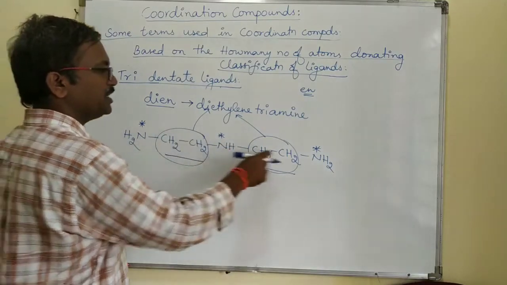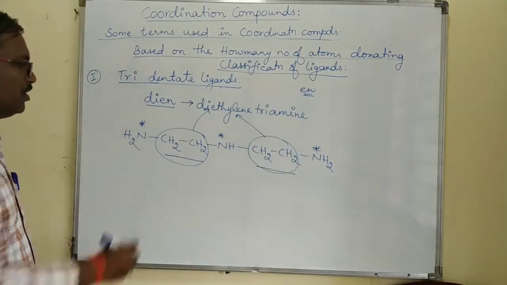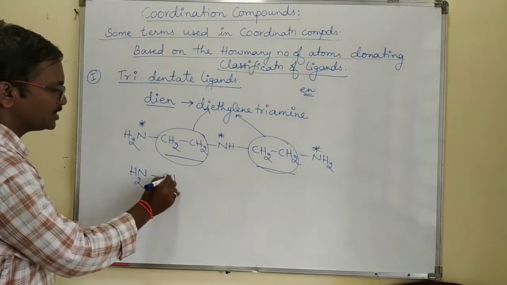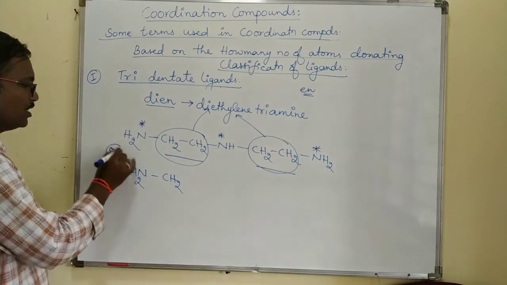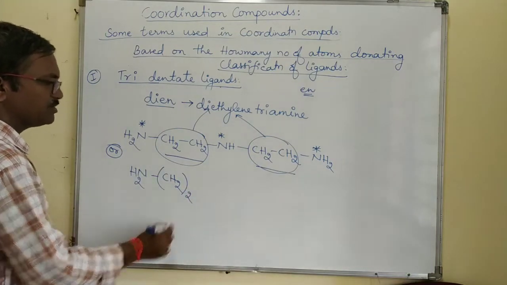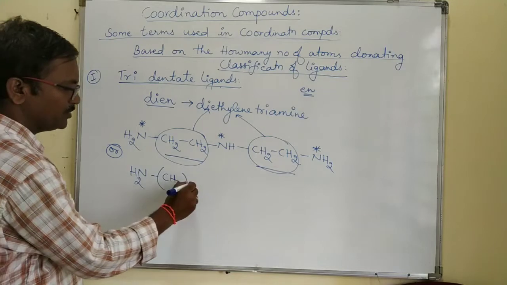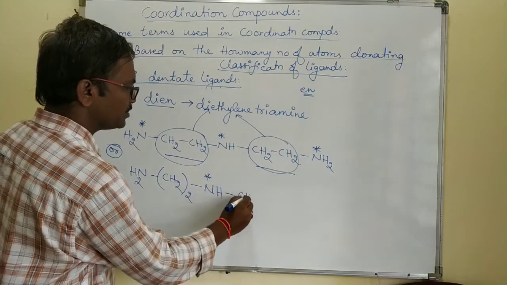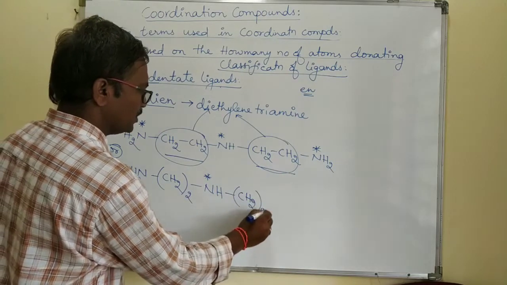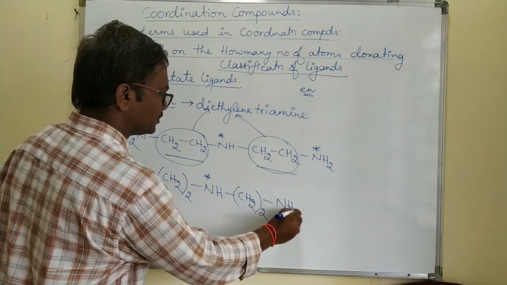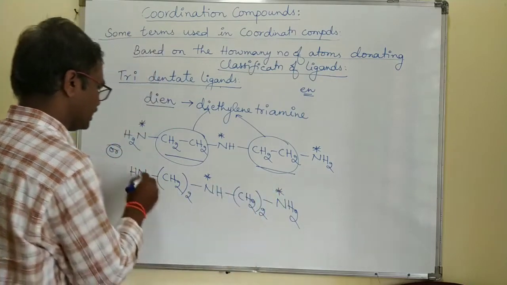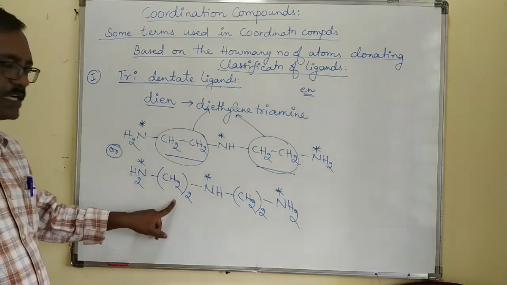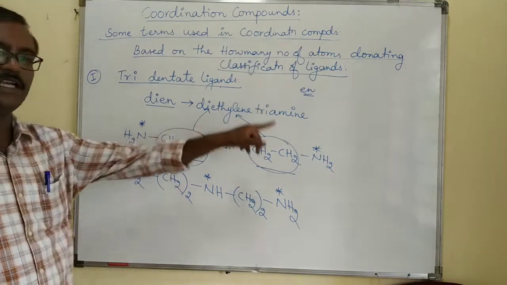So the remaining three are triamine. Some books write it as CH2 twice, meaning two times, like this, NH CH2 CH2 NH2. Either you can write it like this or like this. Both are the same. Diethylene triamine.